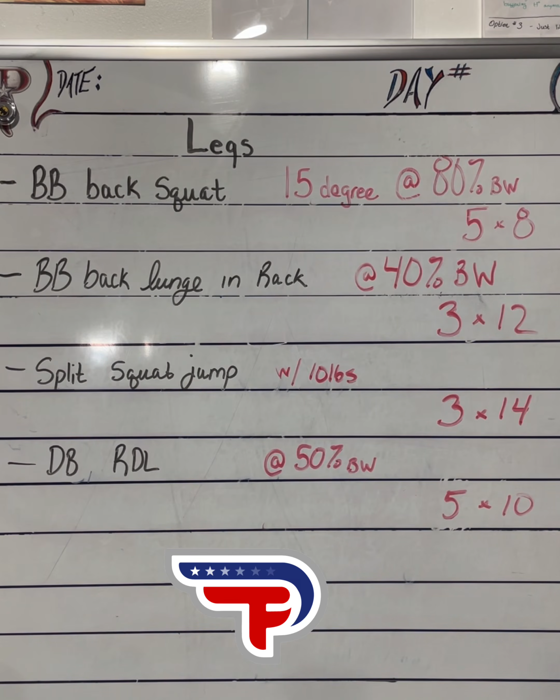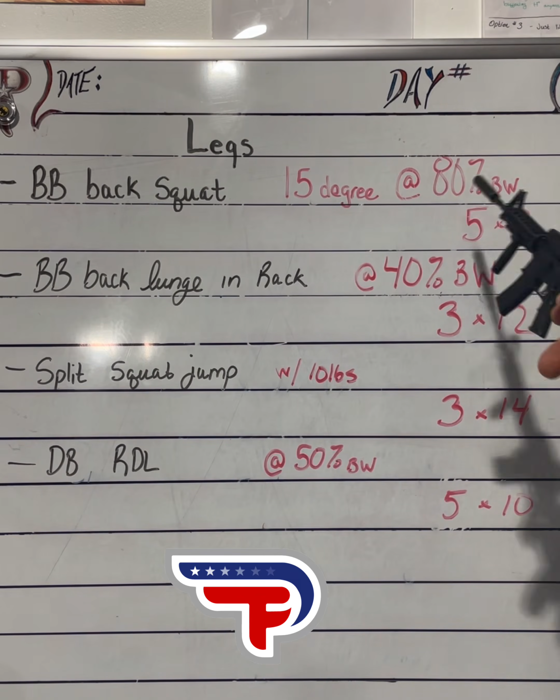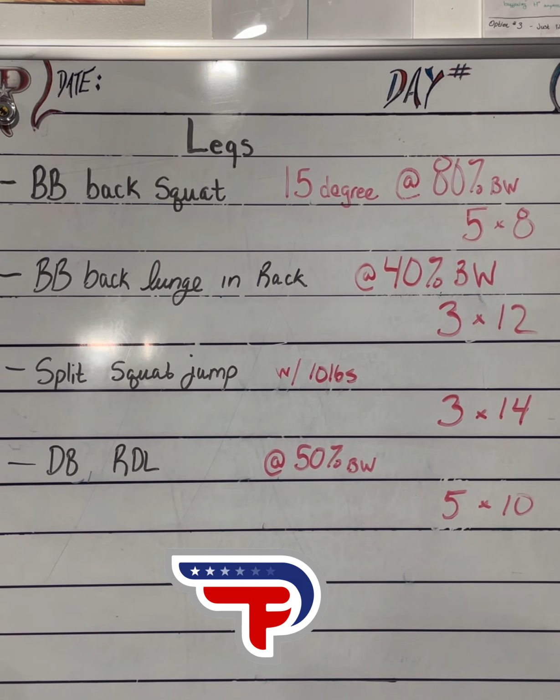So as you go through this, guys, you'll find that as you're adjusting these percentages to accommodate all these reps, after a couple weeks, you probably won't have to adjust any of the percentages down. It's very likely that you're going to start adjusting some of these percentages up, because that's the adaptation we're trying to go for. If we choose the right percentage, you'll work into that adaptation really, really fast, okay?